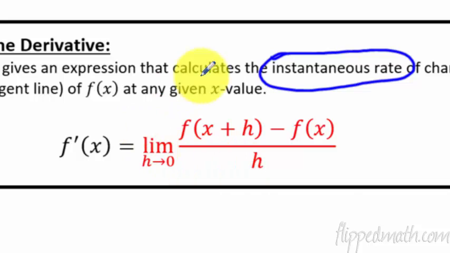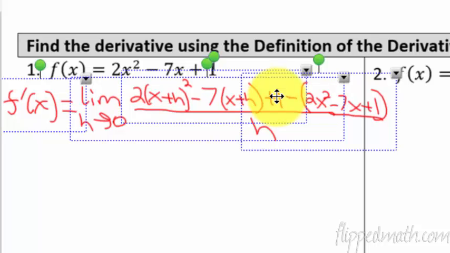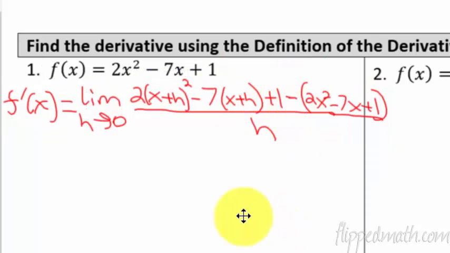The original function here. We're doing f of x plus h is plugged in, and then we subtract the entire original function. So I'm going to subtract in parentheses 2x squared minus 7x plus 1. Okay, I ran out of room. All over h. I'm going to slide this over right to the edge of the screen. Okay, that's going to be good enough for now.